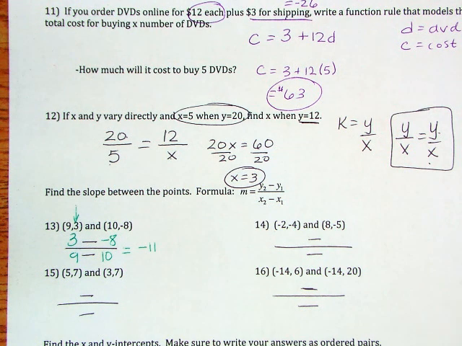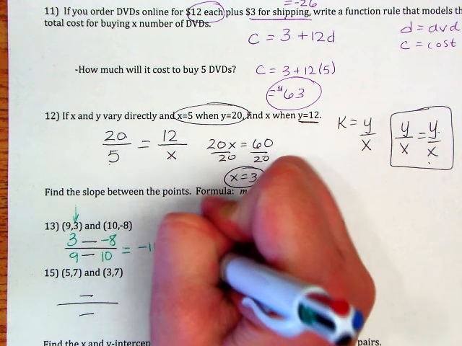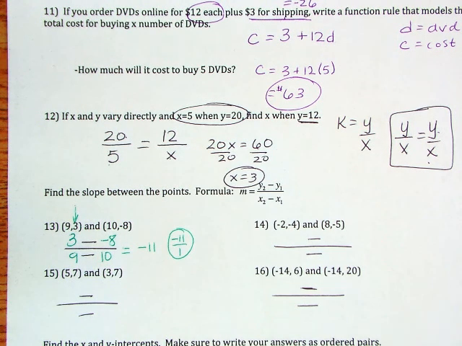However, please keep in mind slope is a fraction, so -11 over 1 should be what I'm thinking about when I write my answer. I will accept this, but keep this other fraction in mind.